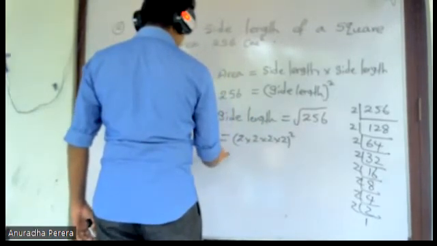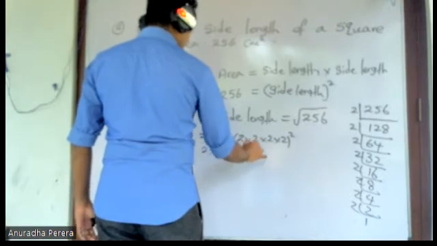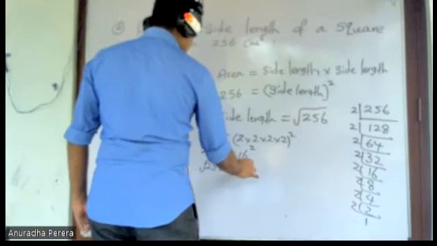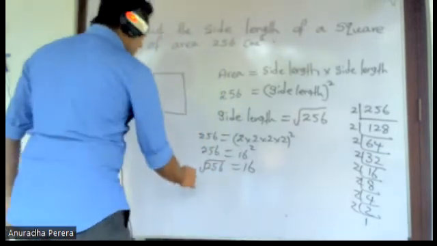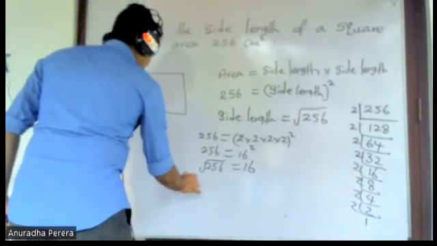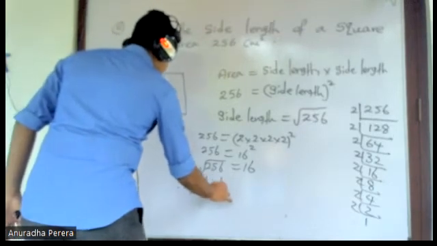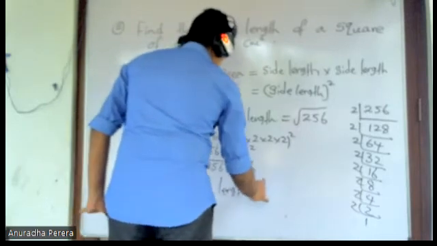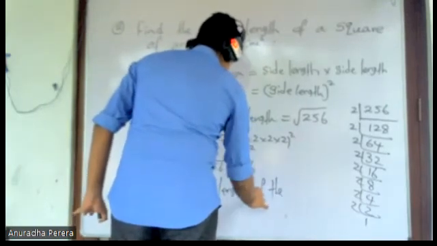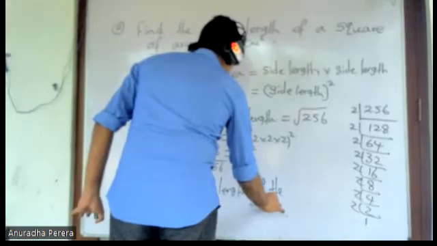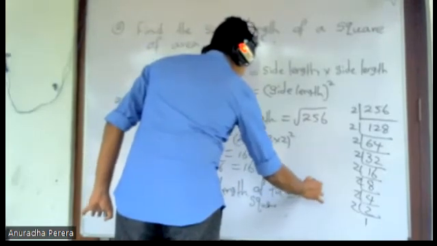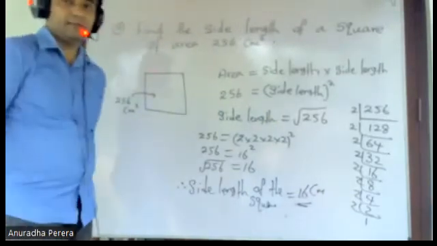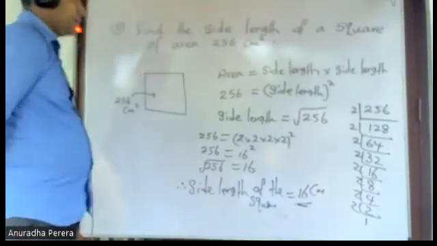Then 256 equals 16 to the power 2. The square root of 256 is 16. Then the side length of the square is equal to 16 cm. Write it down. 16 cm. Side length is 16.